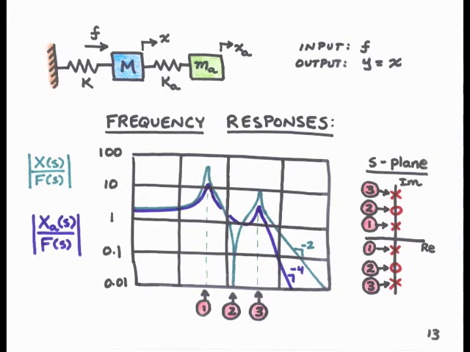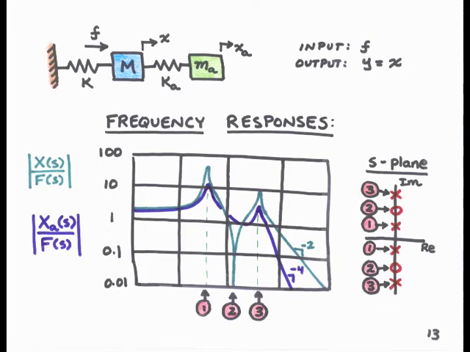The poles of this transfer function between F and x, or between F and x_a, are the same, and these poles will be lightly damped. We'll represent them on the imaginary axis, but in reality they will be slightly in the left half plane because of damping that's naturally present in the system.